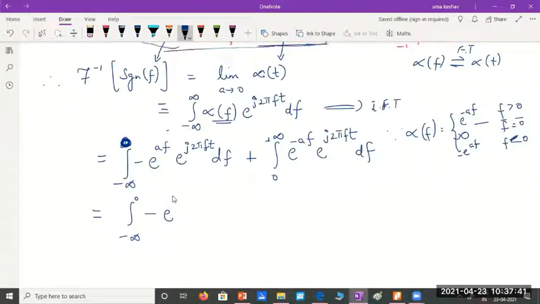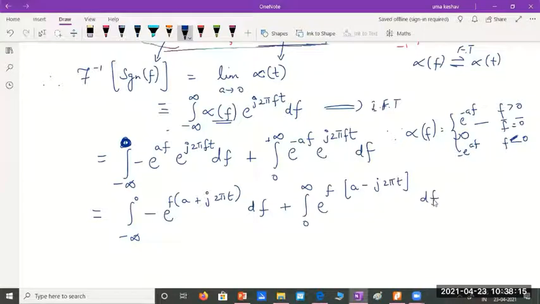E power f into a plus j2 pi t. Something like this.